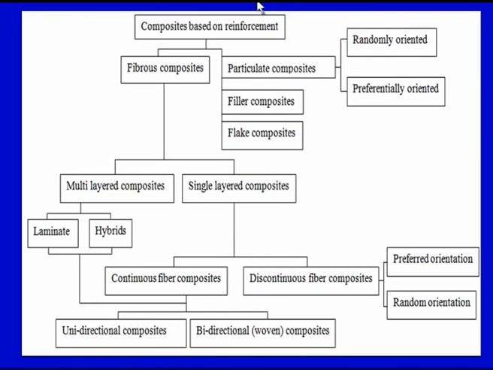So, on the basis of reinforcement, we can have fibrous composites, in which the reinforcement is in terms of fibers, or particulate composites, in which the reinforcement is in terms of particles. The particles can be either randomly oriented or preferentially oriented. When the particles are preferentially oriented, the properties would be different in the direction of the reinforcement than in the transverse direction.